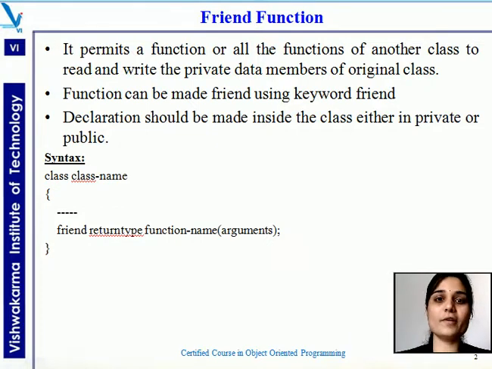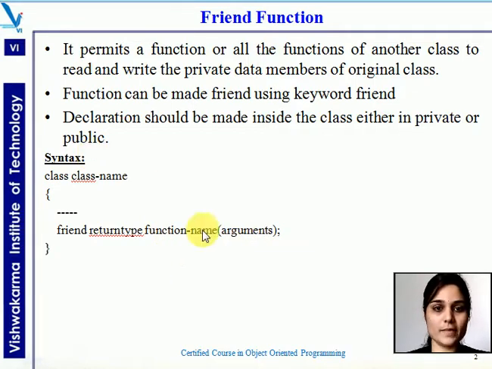A friend function permits a function of another class to read and write the private data members of the original class. Here is the syntax of the friend function. A function can be made friend using the keyword friend, then give the function name and pass the arguments.